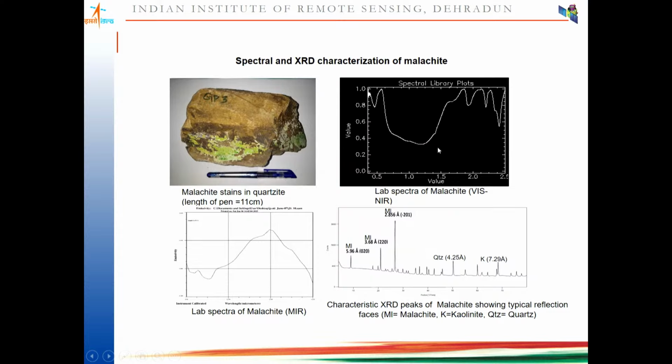This spectra shows the presence of malachite, and we confirmed the findings from the spectra with our geochemical result, and we found that malachite is there. So with several such studies, we have proved that the spectral analysis gives the same results as the geochemistry.